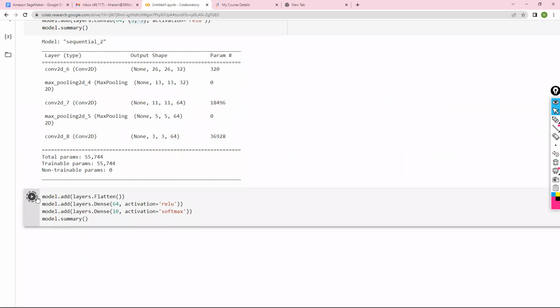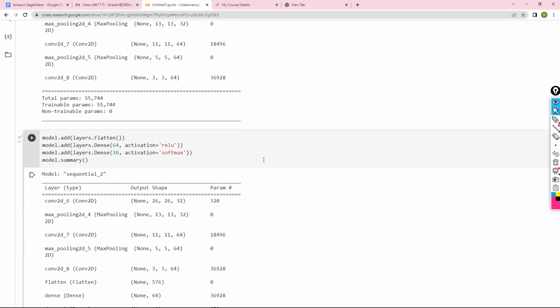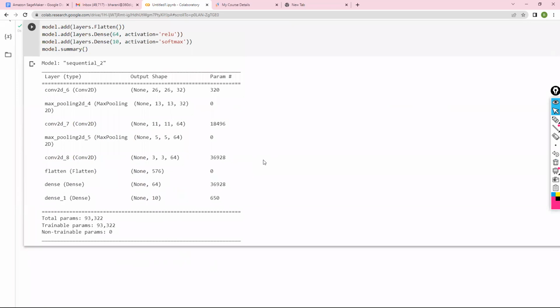Okay, so let me run it and look at what happens now. You flattened it and you got so much. That is nothing but if you multiply these, 64 into 3 into 3, you get this. And then those are connected to another 64 neurons, which are connected to another 10 neurons.